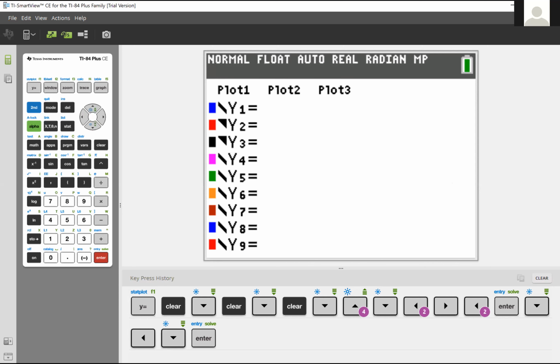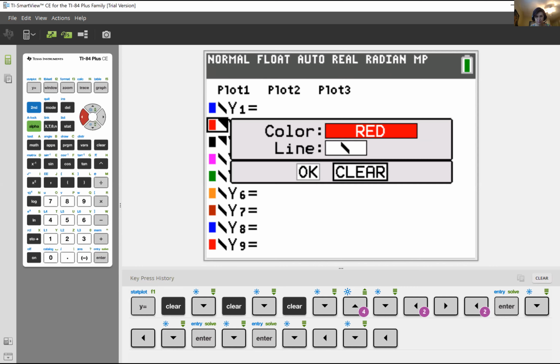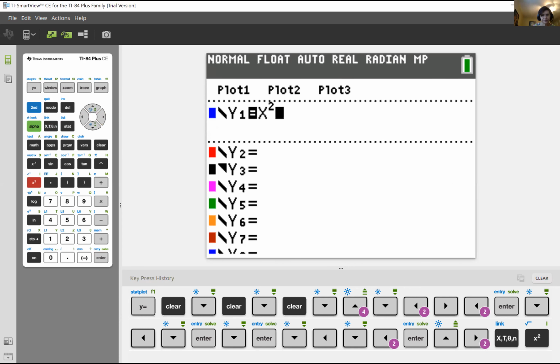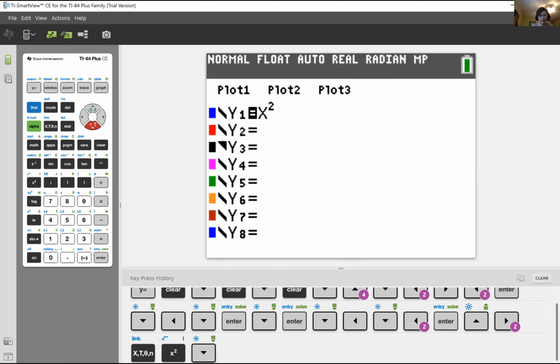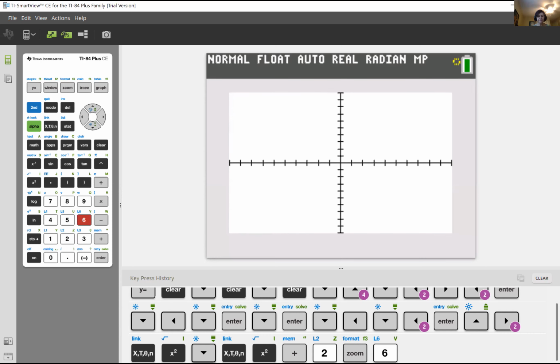Okay, and let me fix this one real fast. Okay, so we're going to make the blue one our parent, just the y equals x squared. But then we'll let the red one graph and we'll make it y equals x squared and we'll put that +2 at the end. Okay, let's see what it looks like. Here's the regular and there's the red.